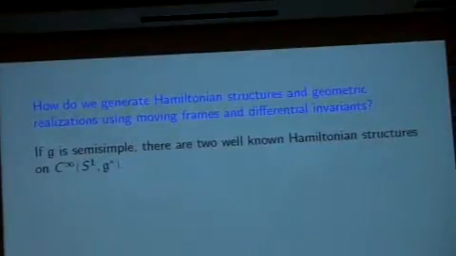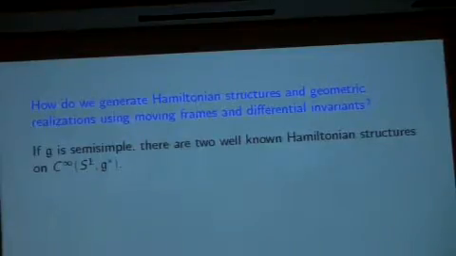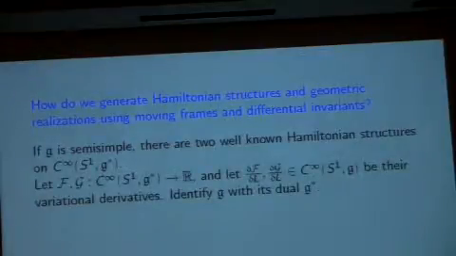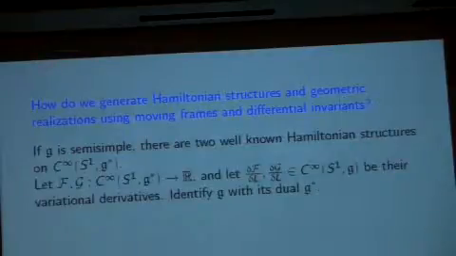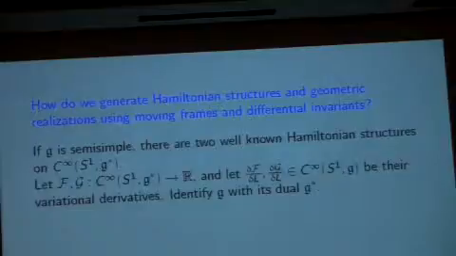OK, so once I have this in here, how do we generate these Hamiltonian structures? Well, if G is semi-simple, now I look at loops in the dual of the algebra, and there are two well-known Hamiltonian structures here. You consider two functionals on the loops, and then the variational derivatives are just an element in the algebra, loops in the algebra.